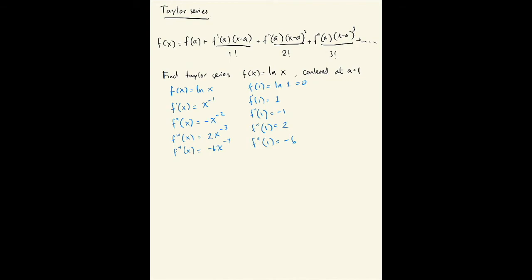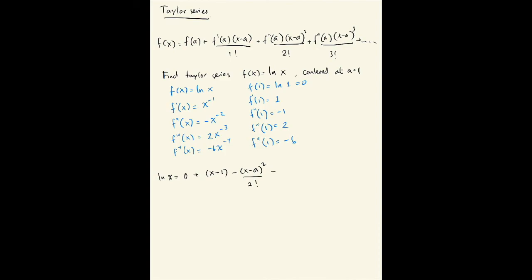And then plug in all these numbers and derivatives inside the Taylor series. So ln x, you can rewrite the function of x as f of a is 0, plus 1 times x. Because a is 1, I will write x minus 1. And then the second derivative is negative, x minus a, over 2 factorial.